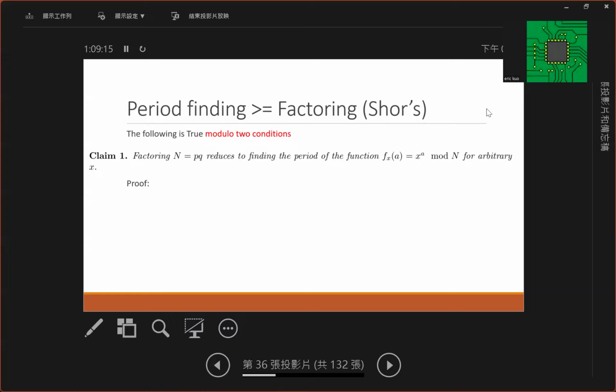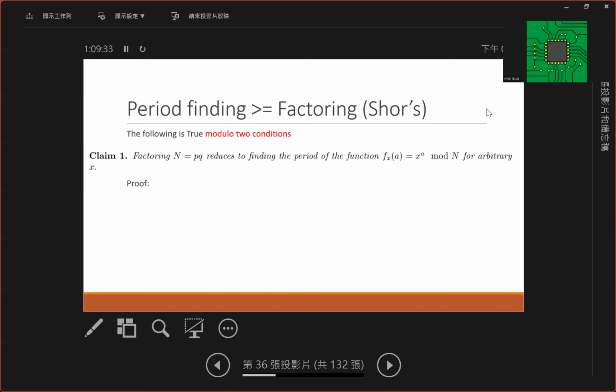Let me go back to this. So for example, n equals 10 and x equals 3. I know the order is 4, because 3 to the 4 is 1 mod 10. So I can use this algorithm.